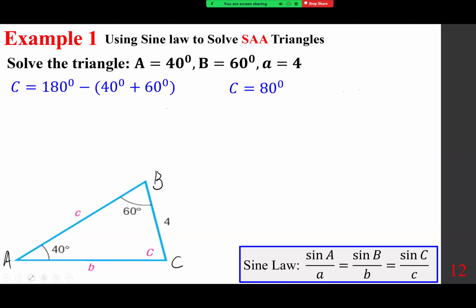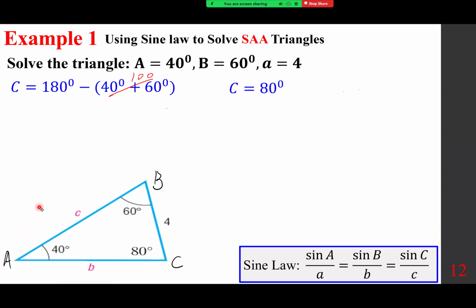This is 100, everybody. Or 80 degrees. So we have this angle now as 80 degrees. So we have all the angles.